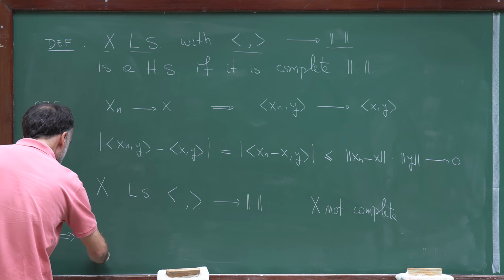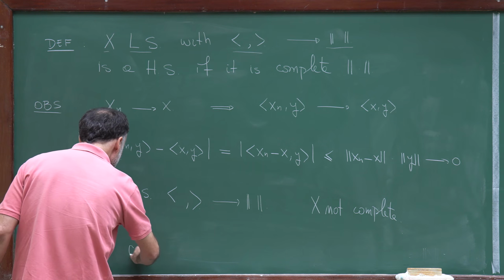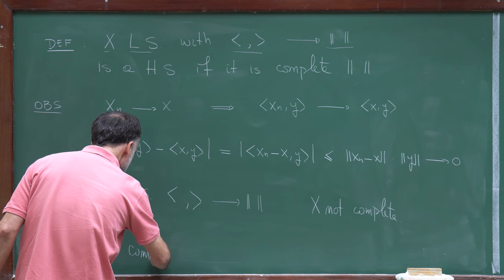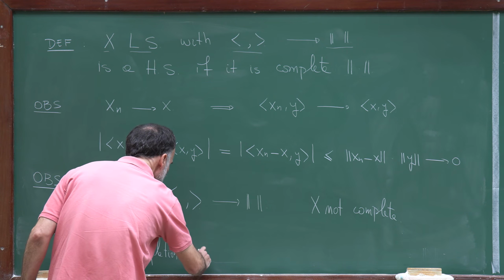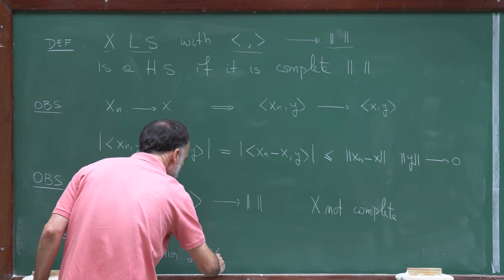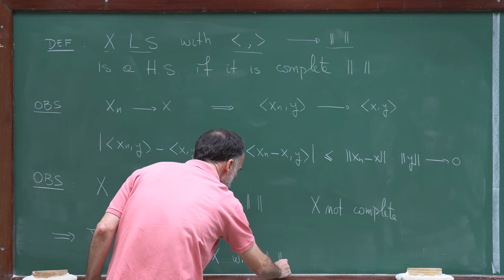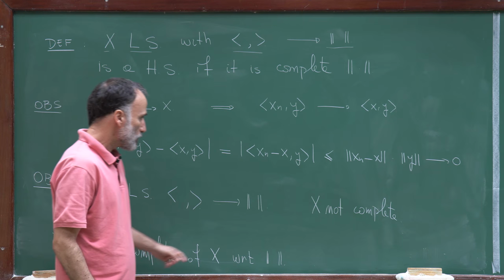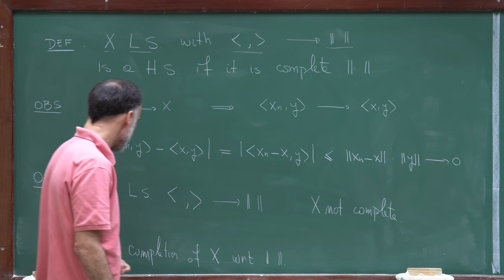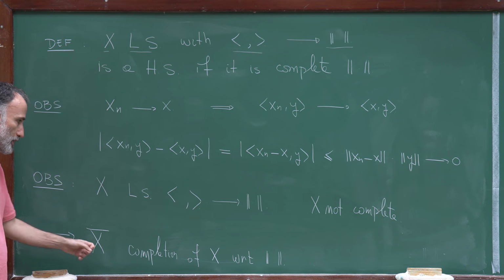So let me represent by X bar the completion of X with respect to the norm. This is a larger space, and we know that X can be embedded in this space, and X will be dense in this space.